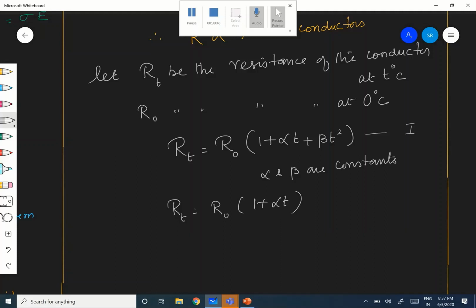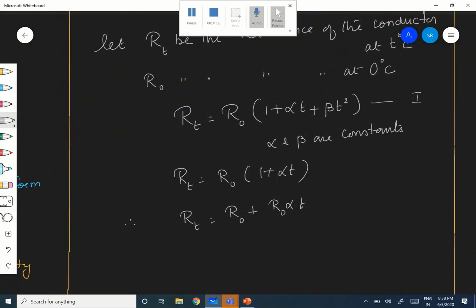Okay. Therefore, you can say RT is equal to R naught plus R naught into alpha T. Very good. Therefore, alpha is equal to RT minus R naught divided by R naught into T. Okay, it's a very important relation, children.